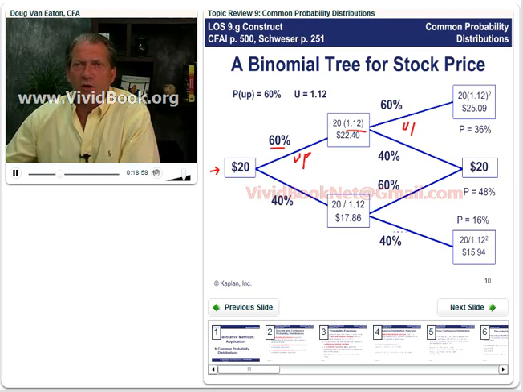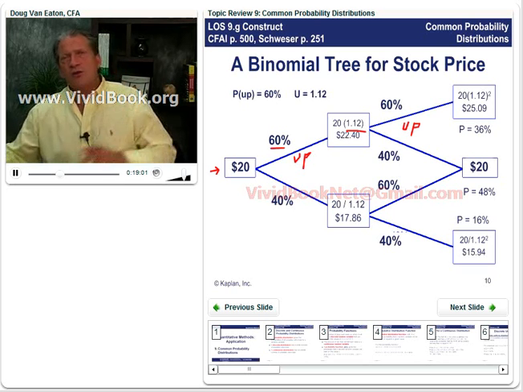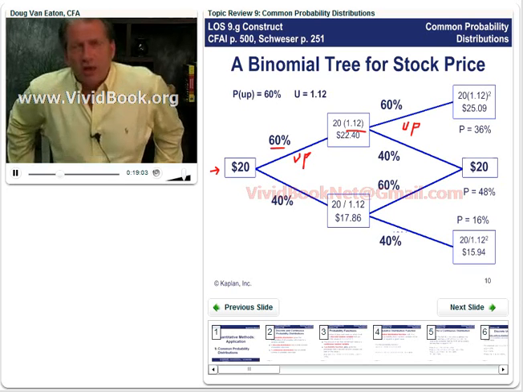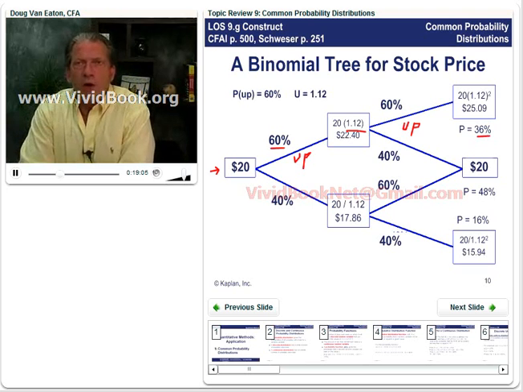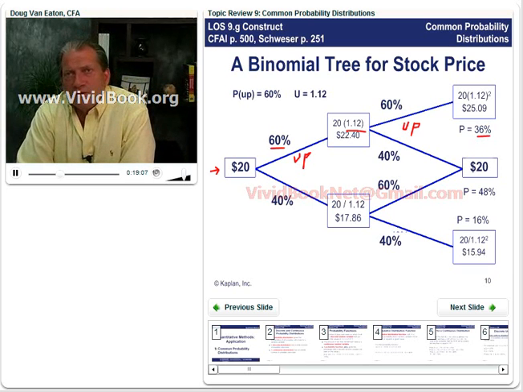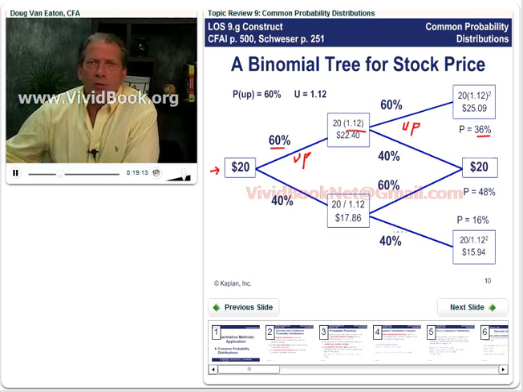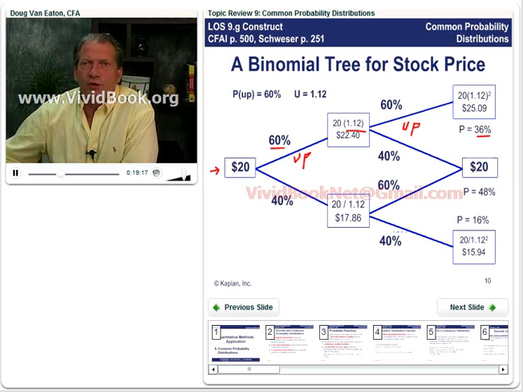Well, that's actually our binomial probability. It's very simple here because we're just talking about a 2-period binomial model, but the probability of 2 up moves is just 0.6 times 0.6, so that's 36%. The probability of 2 down moves is clearly 40% times 40%, okay? dn for down.